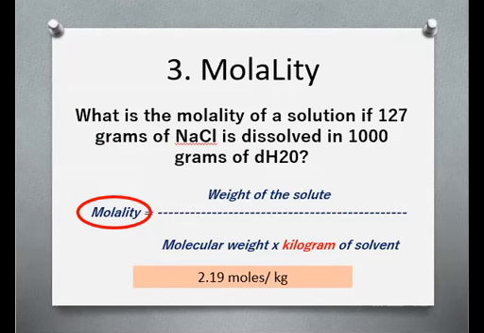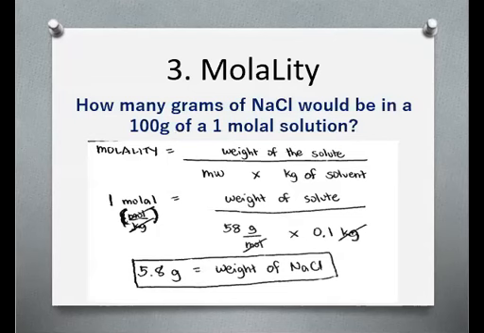Okay? Another example would be this one. How many grams of sodium chloride would be in 100 grams of a 1 molal solution? Again, using this formula, we plug in the values. So 1 molal, and I wrote moles per kilogram here again for you to see the cancellation of units. But if you're already comfortable, you can delete it and just write molal.